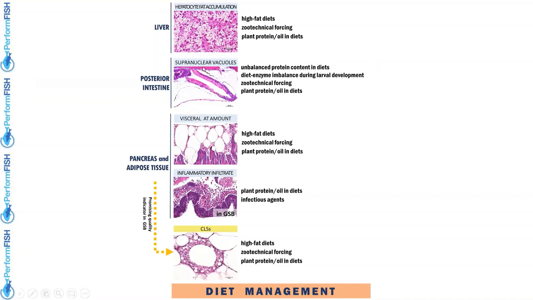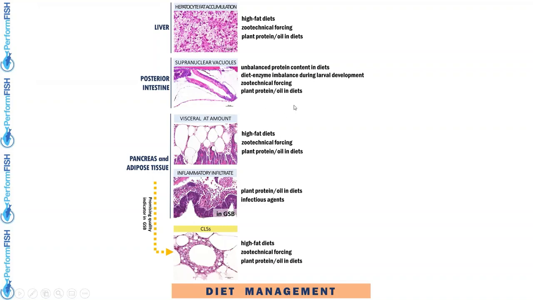The presence of supranuclear vacuoles is important during the first stages of the larva, because the huge presence of this particular structure tells us maybe some problem related to unbalanced protein content in the diet or zootechnical forcing and so on.